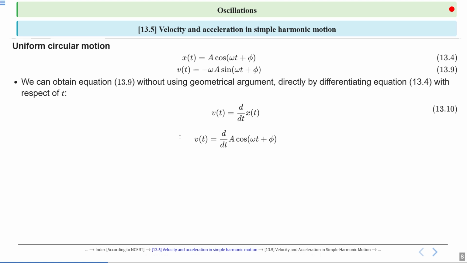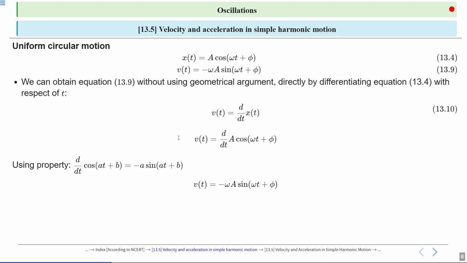We are differentiating the cosine function with respect to time, where the inside of the cosine is omega t plus phi. Using the property, the differentiation of cos(a t plus b) with respect to time is equal to minus a sin(a t plus b). This tells us that the derivative of a cosine function is a negative sine function multiplied by the coefficient of t inside the argument.